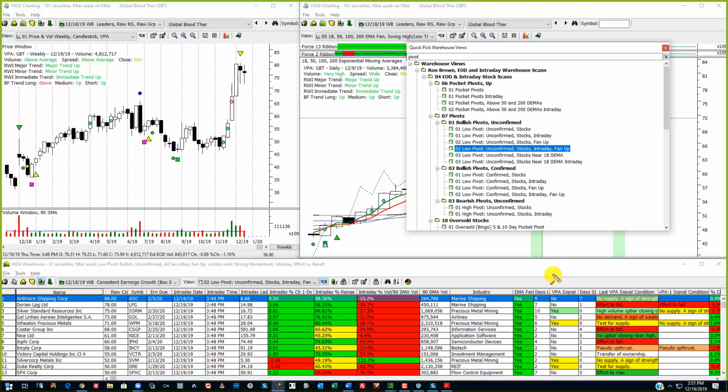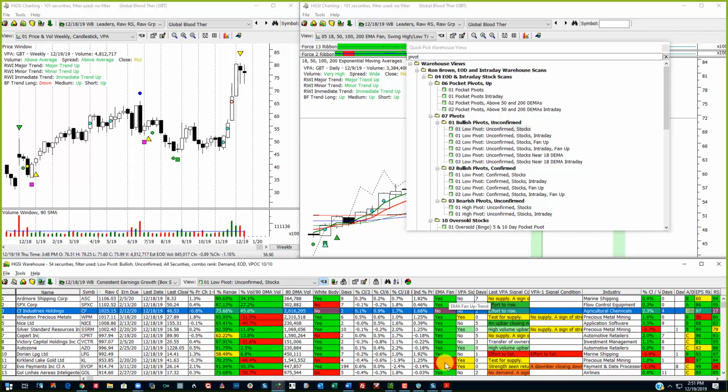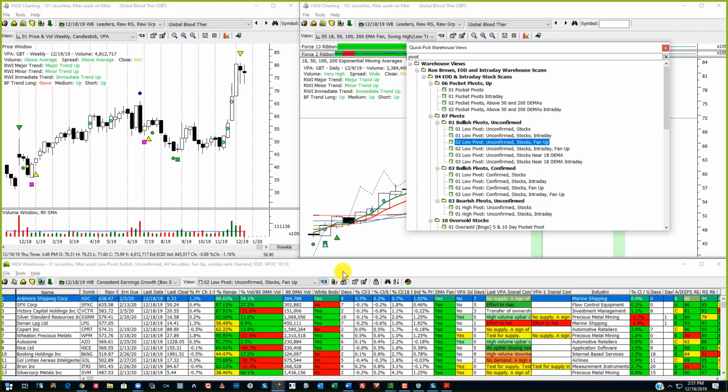They may not be a strong uptrend, but the moving averages are all stacked properly. This column right here is my EMA fan column, which tells me that these stocks are in an uptrend. If I go back to this view, you can see that some of these are not in an uptrend. So by moving to the fan up, I can concentrate only on stocks that are moving up.